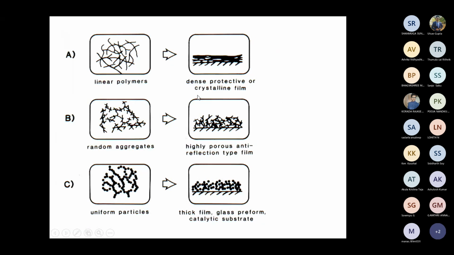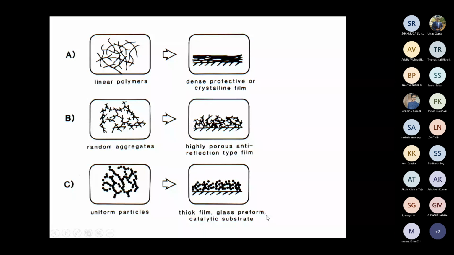And now this linear polymer, in this case, after coating, can form a dense protective or crystalline film. A random aggregate forms a highly porous anti-reflection type film, and then a uniform particle gives a thick film, glass preform, and catalytic substrate.